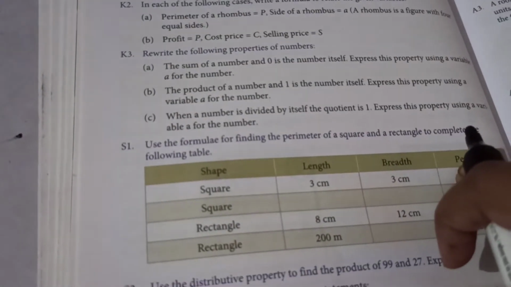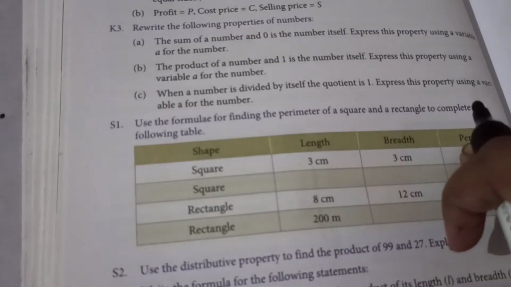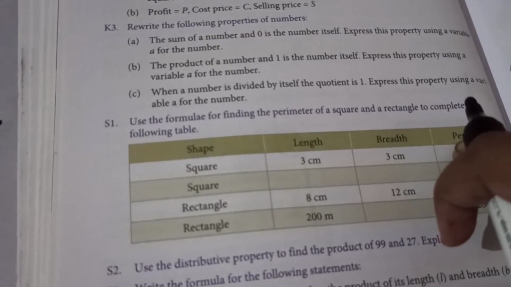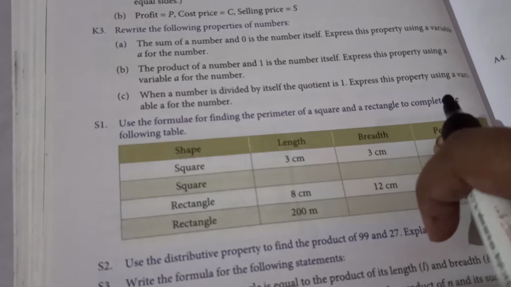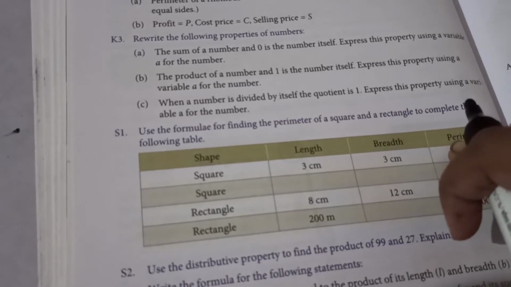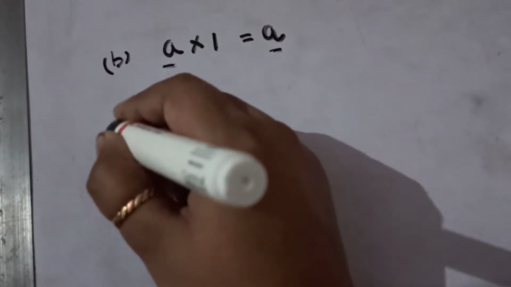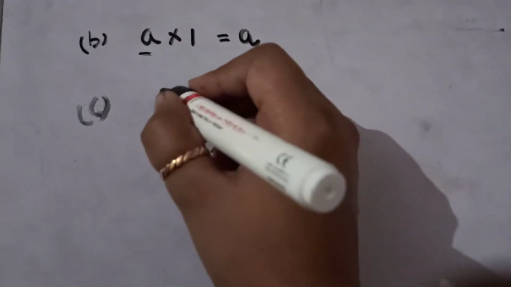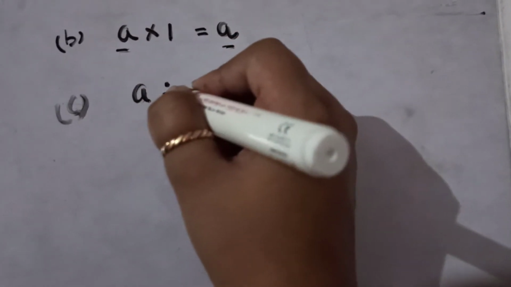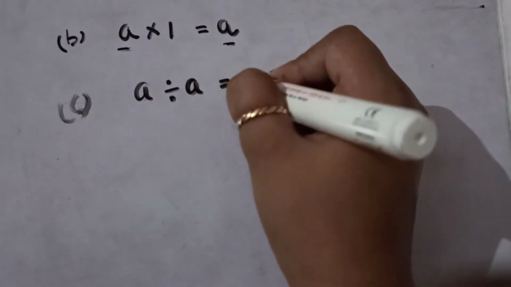Now C part, when a number is divided by itself, the quotient is 1. So express this property using a variable a for the number. So in this, the variable a, when you divide a by a, the quotient is 1.